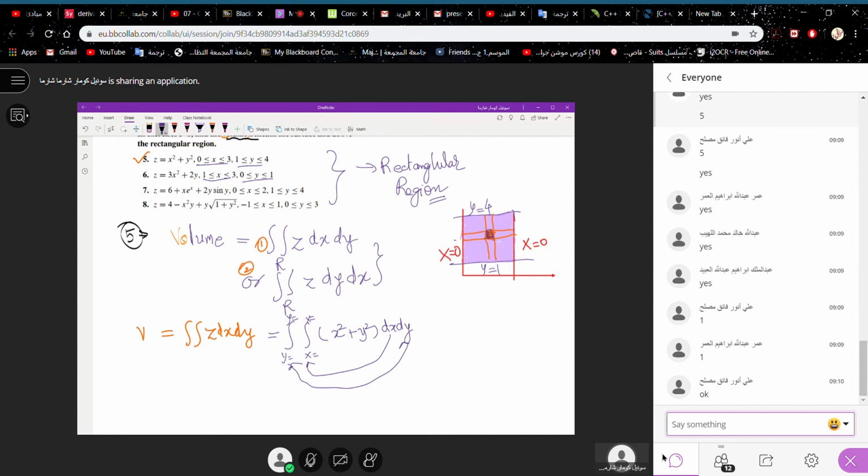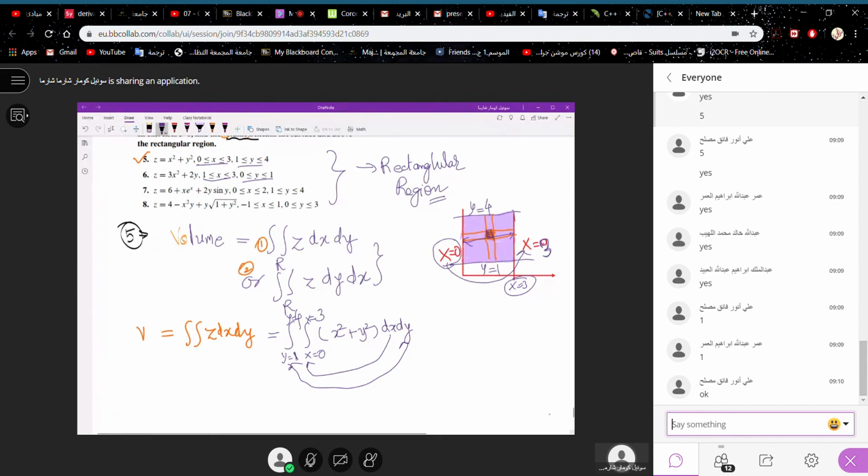You can take this element up to this boundary at maximum, and here up to this boundary. Here x is 3 and on this side x is 0. So the limits for x are from 0 to 3. And the limits for y are 1 to 4. Simple.